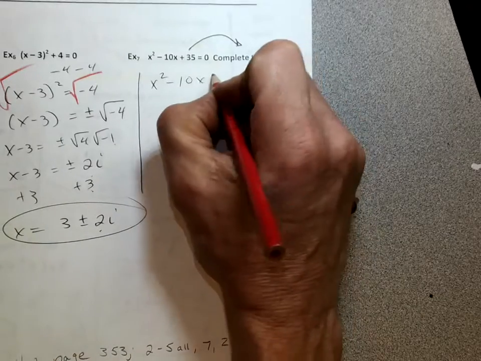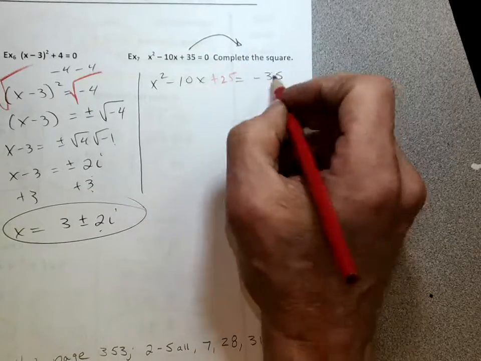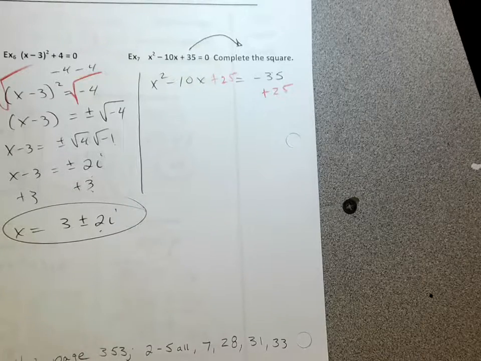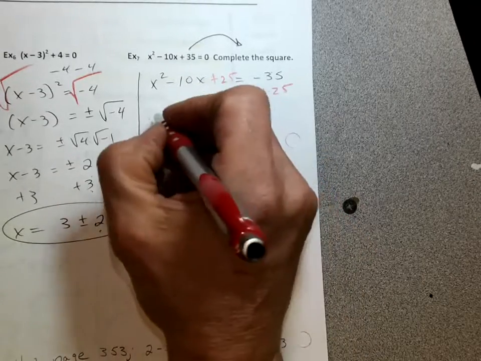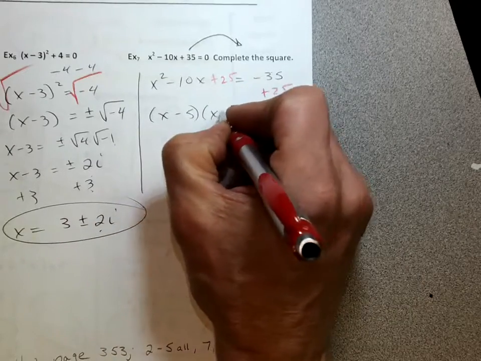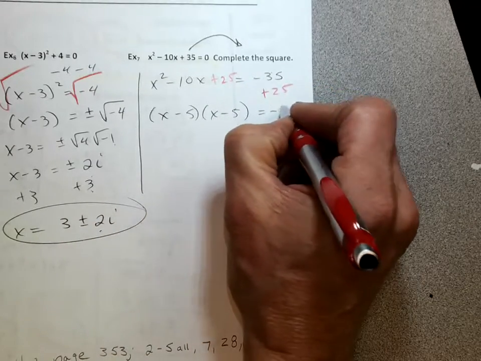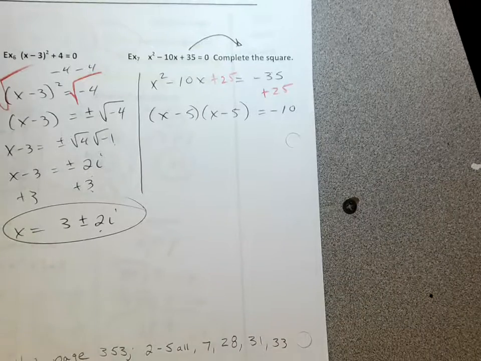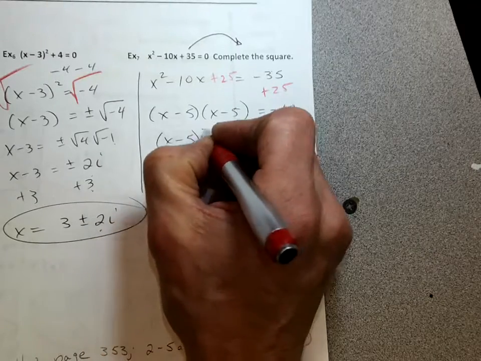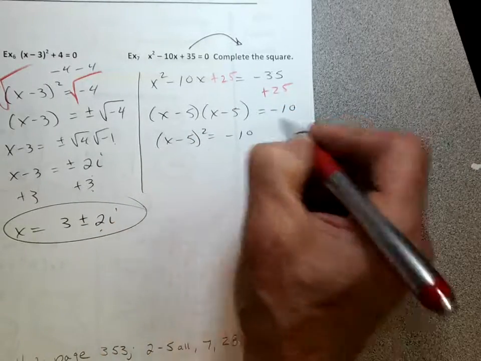So I'm going to add 25. Then I'm going to factor this into an x minus 5. x minus 5 quantity squared equals negative 10.